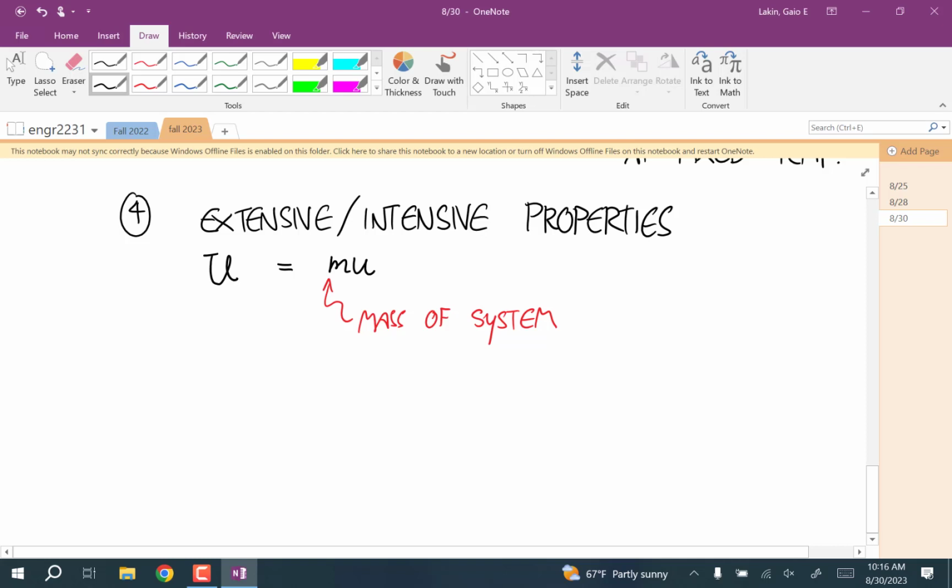And also remember that the extensive volume is equal to the mass times the specific volume. Okay?